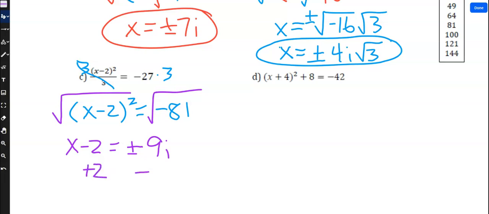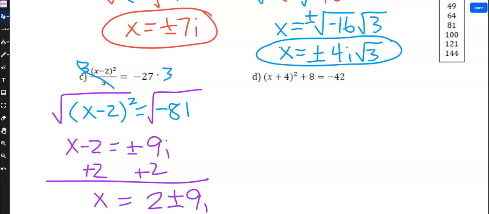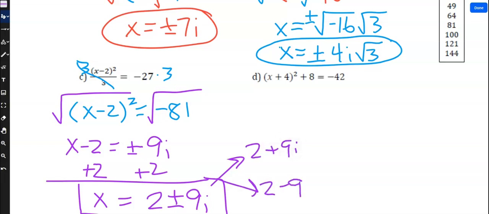Then I'm going to add 2 to both sides. Those are not like terms, so I'm going to leave them separate. So it's really like having two answers, right? 2 plus 9i and 2 minus 9i.